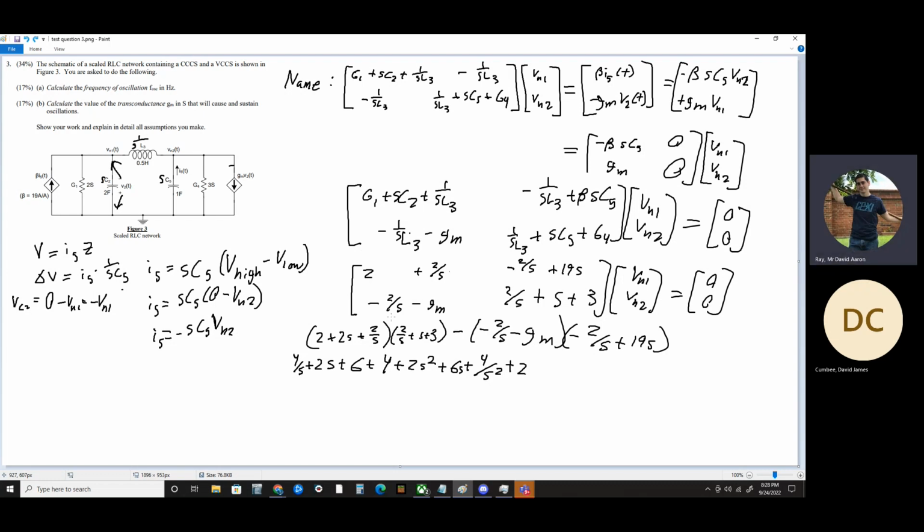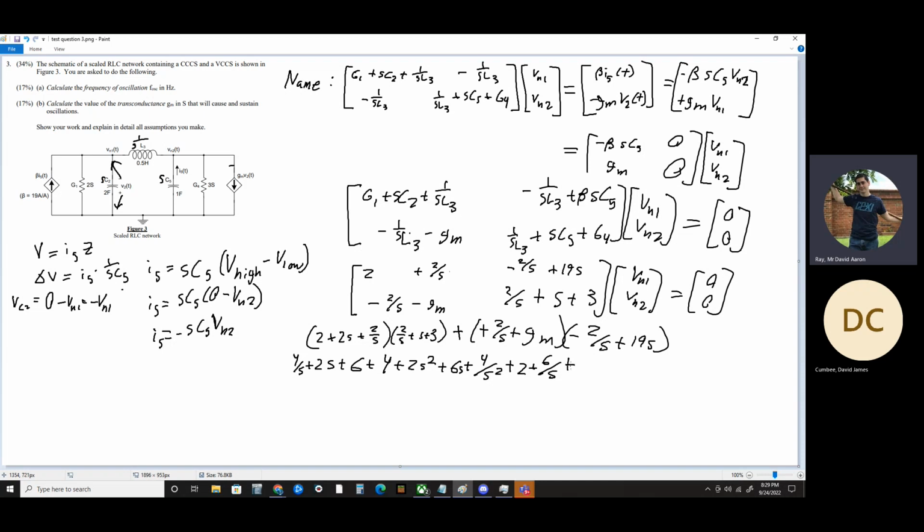2 over S times S is just 2. 2 over S times 3 is just 6 over S, like you were saying. And now we got this negative sign. I'm going to turn this positive and just take out the negative sign here.